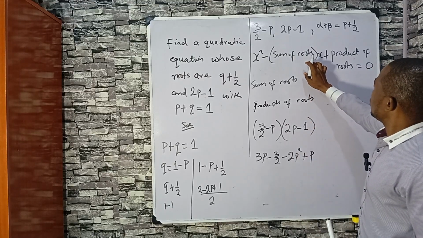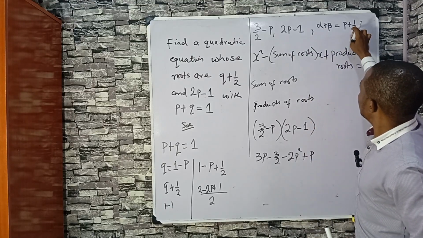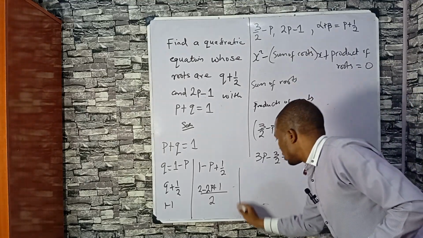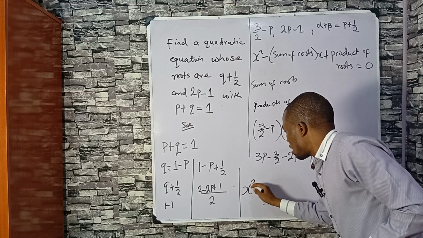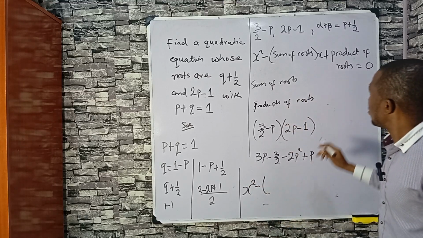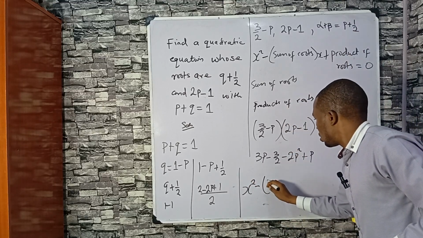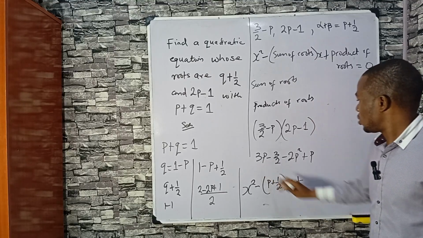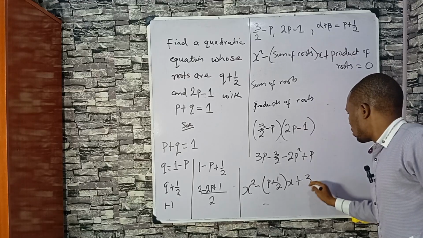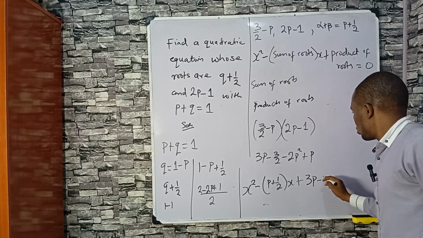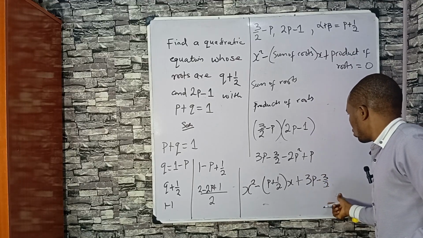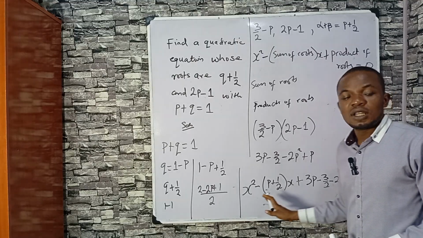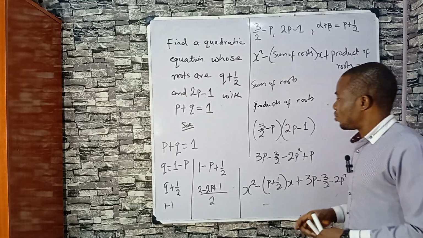So going back, we have the sum to be this, product to be this. Then let's form the equation. I said that the equation is in the format x squared minus the sum of roots, p plus a half, times x, plus the product, which is 3p minus 3 divided by 2 minus 2p squared plus p. You can leave it here, you're correct, but you can simplify further.